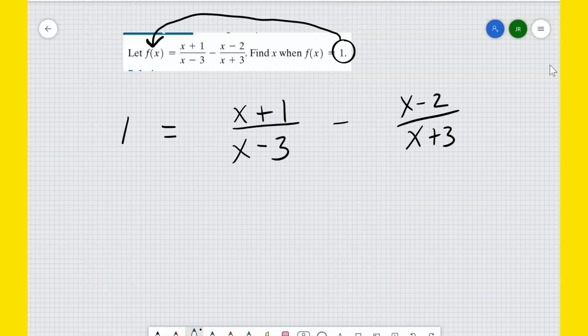If you don't go ahead and do it now, you're going to have to do it after we get rid of the denominators. But let's just go ahead and do it now to be safe. I think that might be the safest thing to teach you to do. So I'm going to go ahead and make that minus into a plus, and I'm going to change the signs in the top of the fraction that comes after it. So it's going to become a negative x and a positive 2.